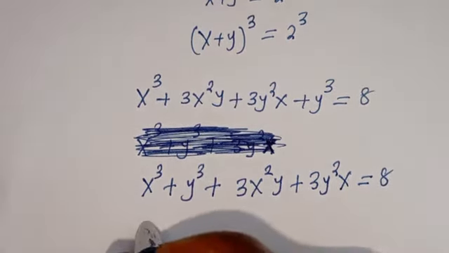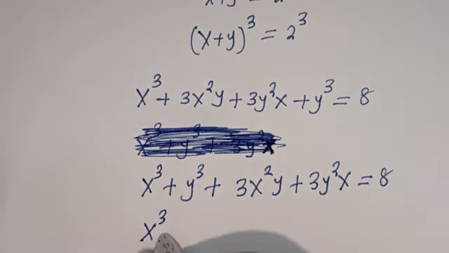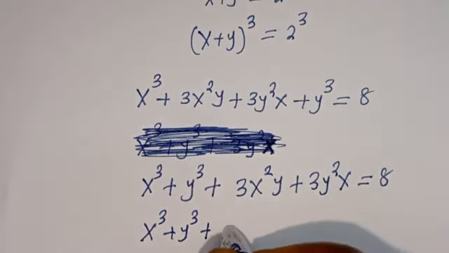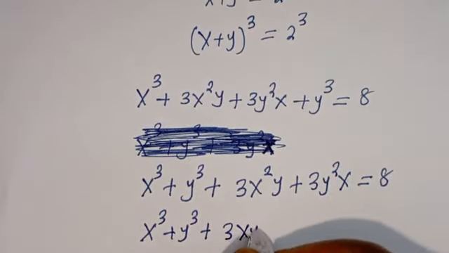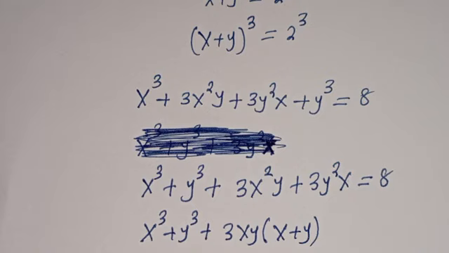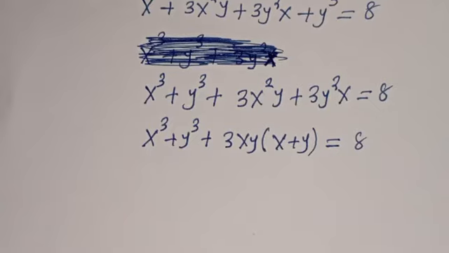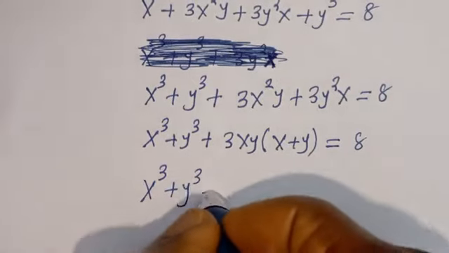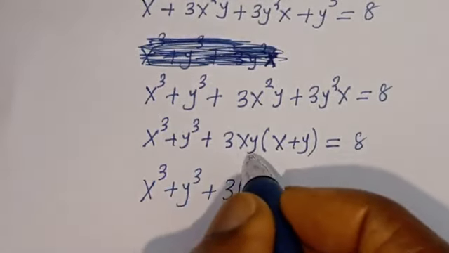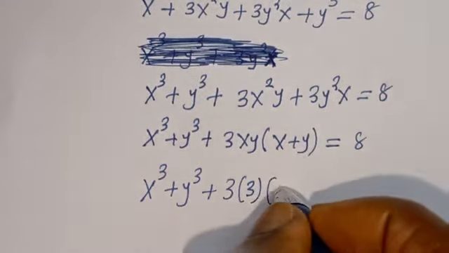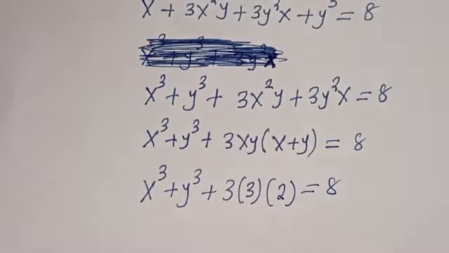And this is x to the power of 3 plus y to the power of 3 plus here 3xy is common, bracket x plus y is equal to 8. And we have x to the power of 3 plus y to the power of 3 plus 3 bracket xy from equation 2 is 3, bracket x plus y from equation 1 is 2, is equal to 8.